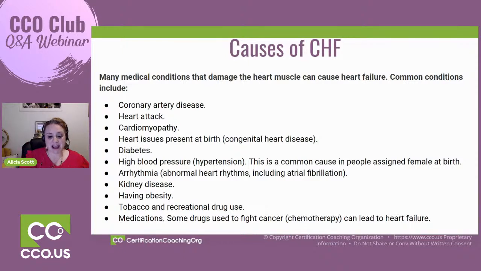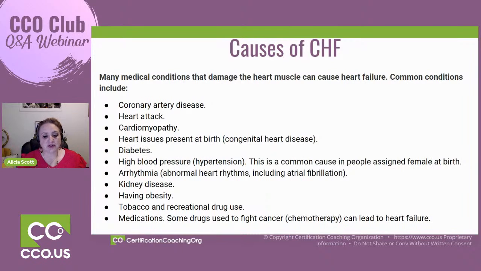So if a person has, for whatever reason, damage to the heart muscle at a young age, then the heart compensates. It works around it, kind of, as you would say. Same thing happens to the brain. But when you get into a more advanced age, those organs aren't able to do that anymore.